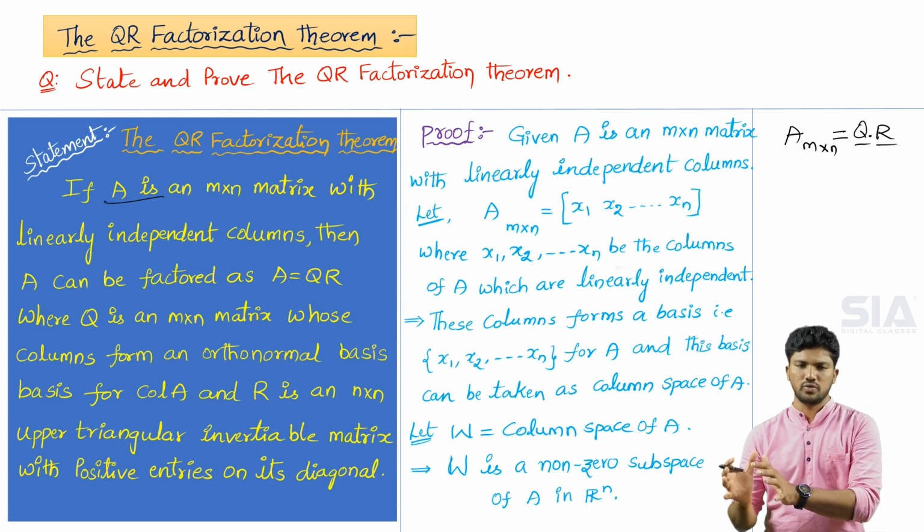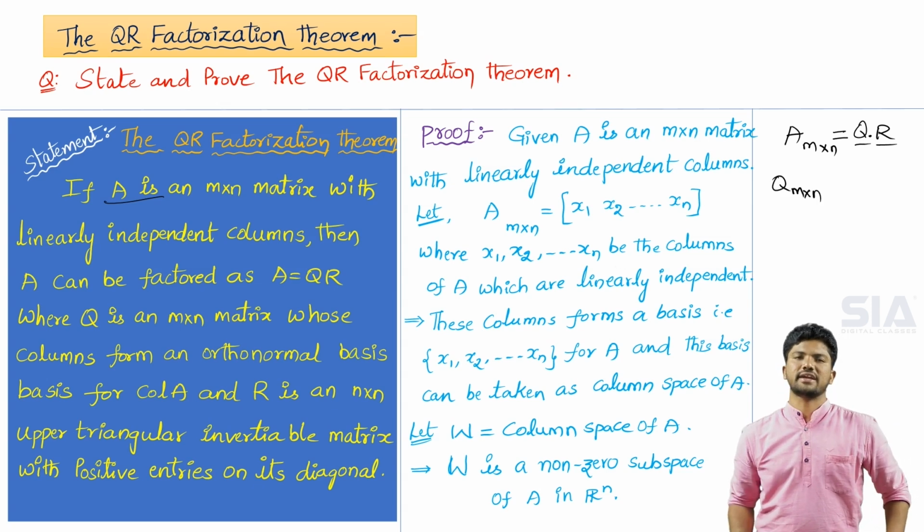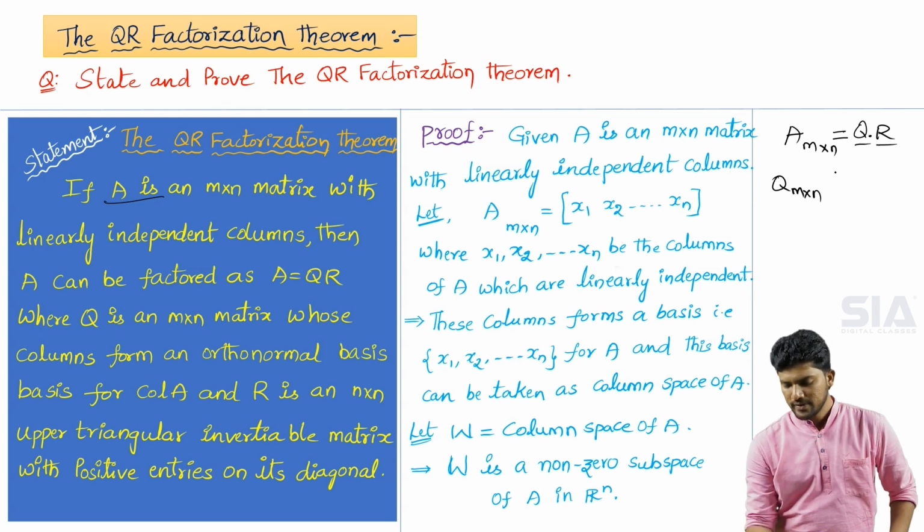The product of Q and R, where Q is also one m by n matrix. Q is also one rectangular matrix and R is one n by n matrix.